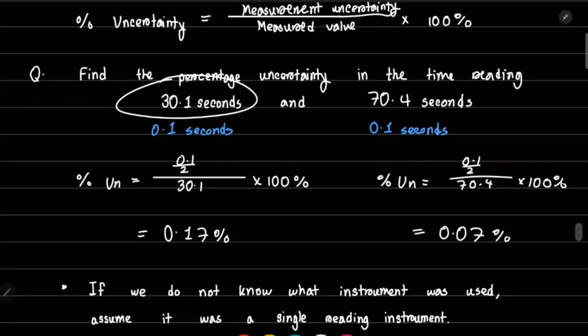But if I had repeats, for example, for 30.1 seconds, instead of just having 30.1, if I had 29.9, 30.0 and 30.4.